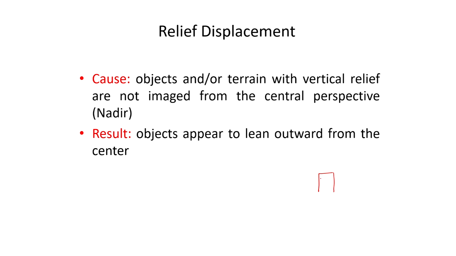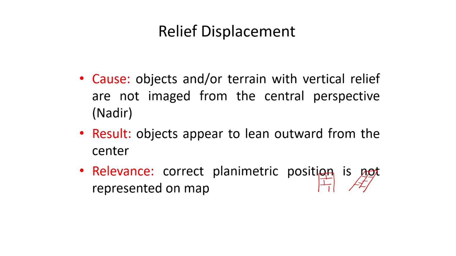For example, there is a building here, and the original is like this, but you will find that it has been seen something like that. So these are the issues one can face.